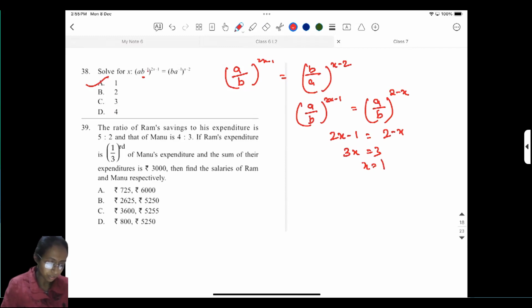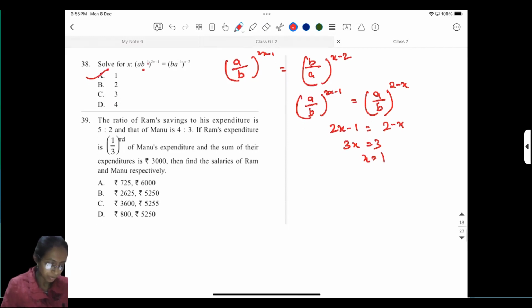Now the 39th question, the ratio of Rama's saving to his expenditure is 5:2, and that of Manu's is 4:3. If Rama's expenditure is 1/3 of Manu's expenditure, the sum of their expenditures is 3,000, then find the salaries of Rama and Manu. Now, you can observe that the ratio of the saving to the expenditure is 5:2 for Ram, that means saving is 5x and expenditure is 2x.